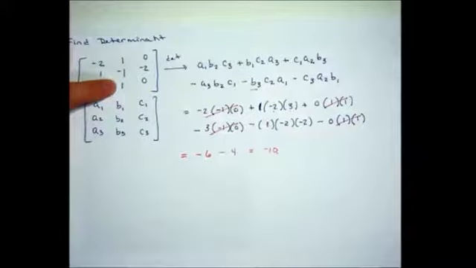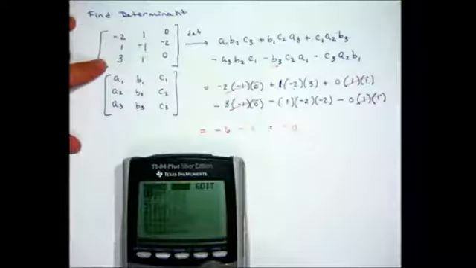Alright, now, you can always check your work with your calculator, which is how you know whether or not you got something right. So let's check our work. I want to put this matrix into my calculator. This is a 3 by 3. Put in your values.